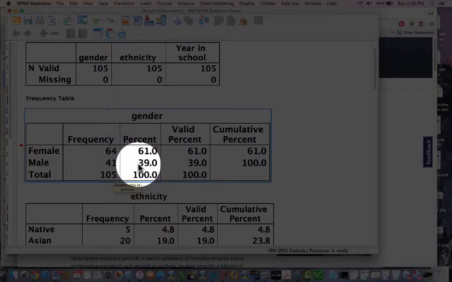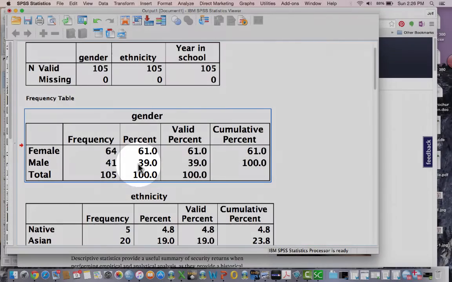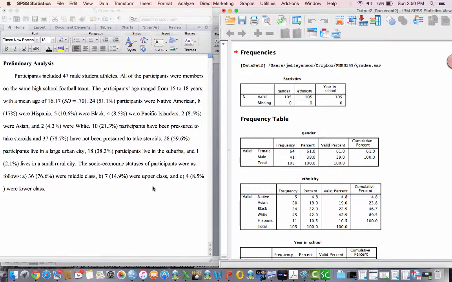In a moment, we will show you how to write this up, to use those numbers and put them into paragraph form. It's called the preliminary analysis. In the preliminary analysis, this is where you're going to put together everything that you've done in your descriptives and your frequencies. Right now we're dealing with frequencies.